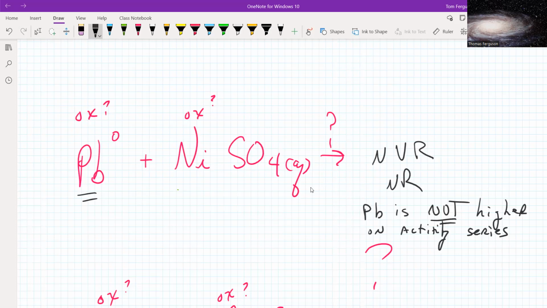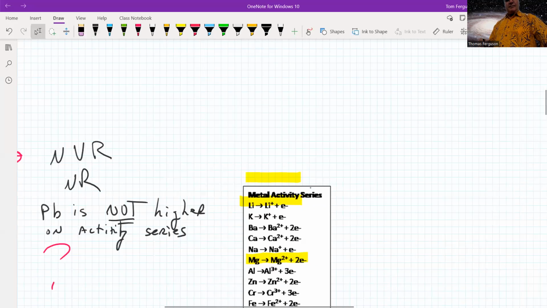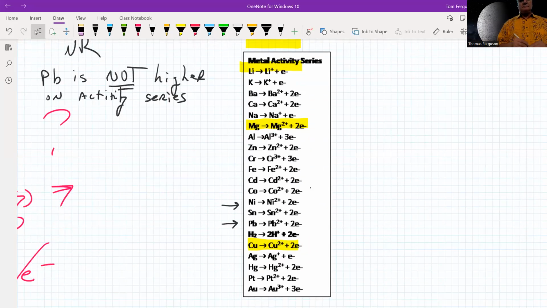Some ions are easily formed. That means they oxidize easily. For example, if you look on the activity series, notice that lithium is at the top left. What ion does group 1 like to form?